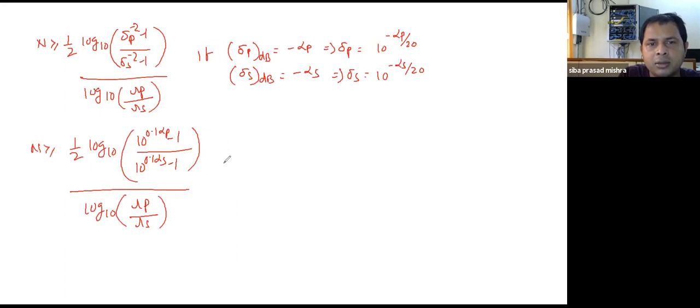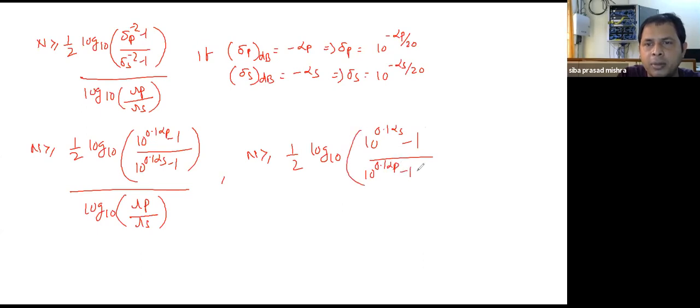Or also we can write it like this, the reverse: n greater than or equal to 1 by 2 log 10 of (10 to the power 0.1 alpha s, minus 1) by (10 to the power 0.1 alpha p, minus 1), divided by log 10 of omega s by omega p.